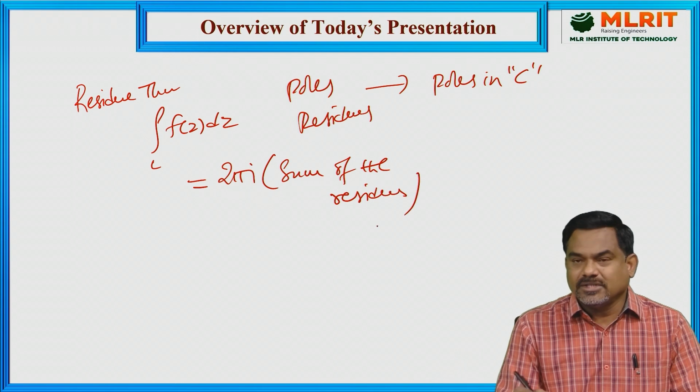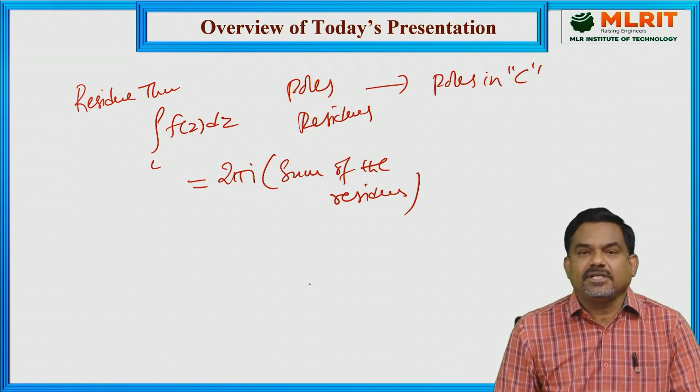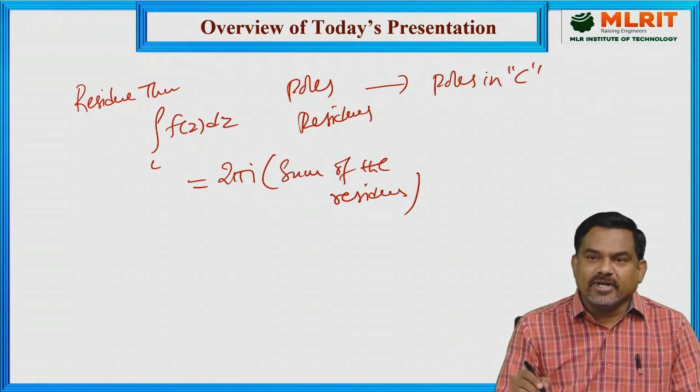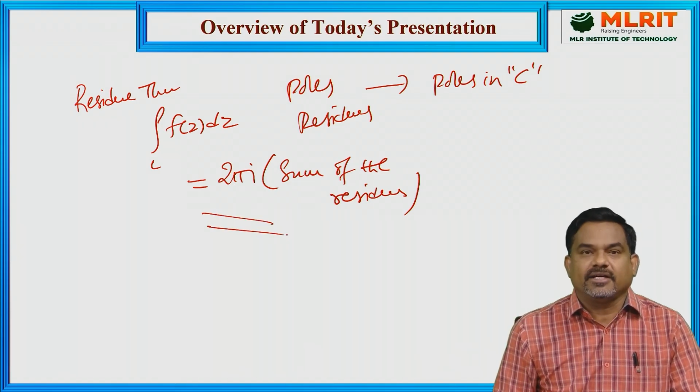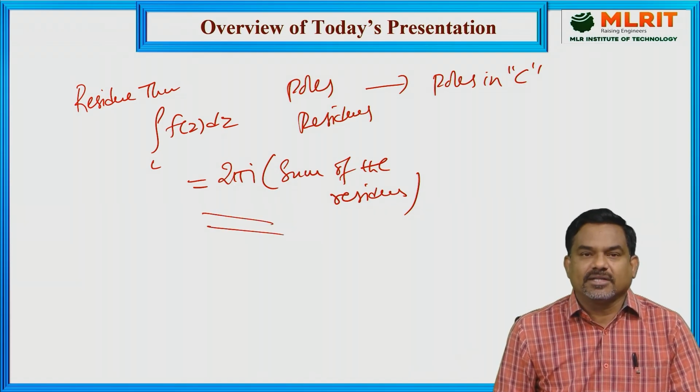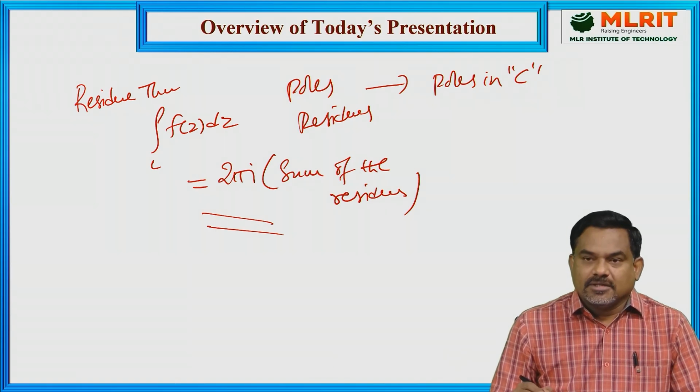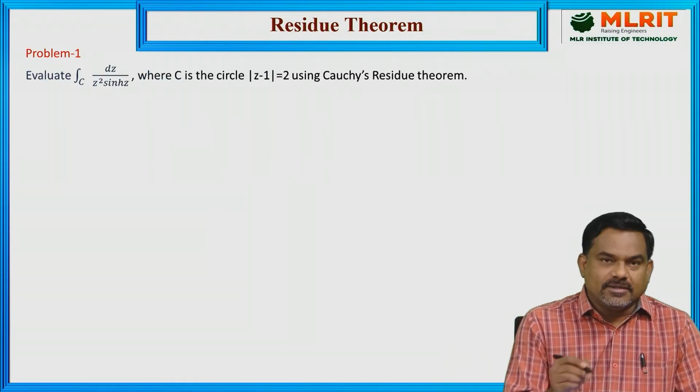So find the poles, identify the poles which are within C, find the corresponding residues, and use Cauchy's residue theorem to evaluate the given line integral of the function f of z along the curve C. Let us solve some more problems on the same.